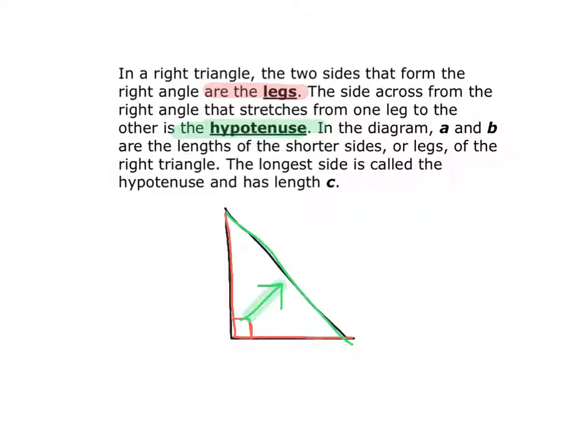So in the diagram, A and B are the lengths of the shorter side, so A and B are the legs, and C is the hypotenuse. In any right triangle, A and B will be the legs, and C is the hypotenuse.